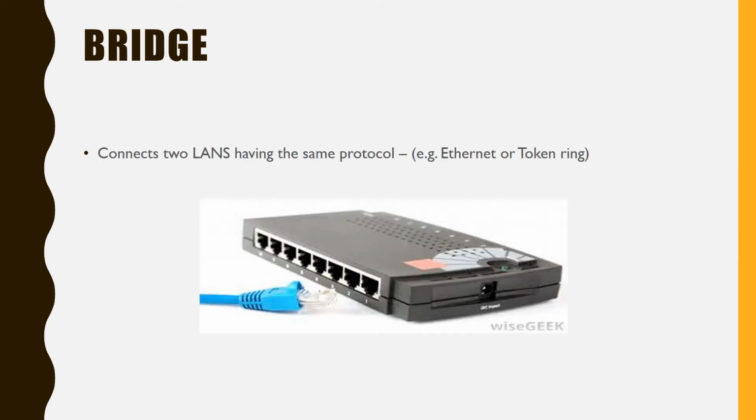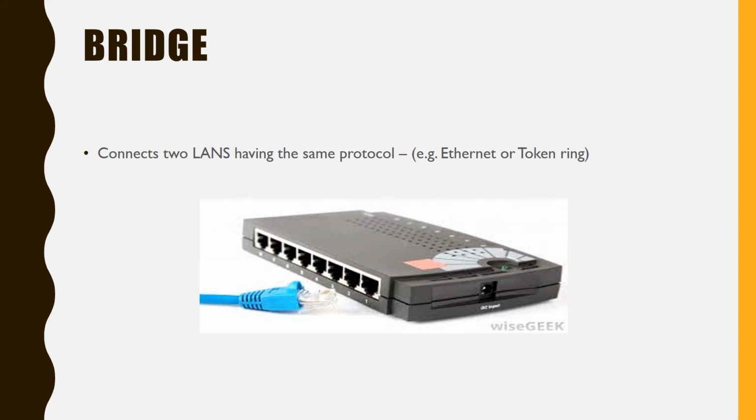Bridge. Now a bridge is a device which is used to connect different networks or LANs, you can say, but having the same protocol. That means the type of cabling which is used. That means if the networks which need to be connected, if two LANs are, suppose, wired, they could be connected with the help of a bridge.